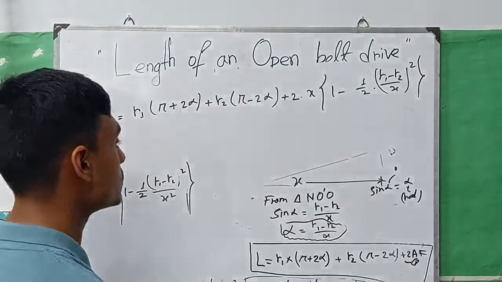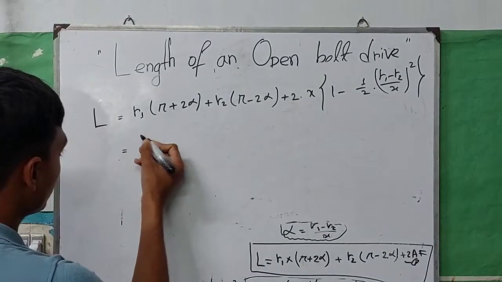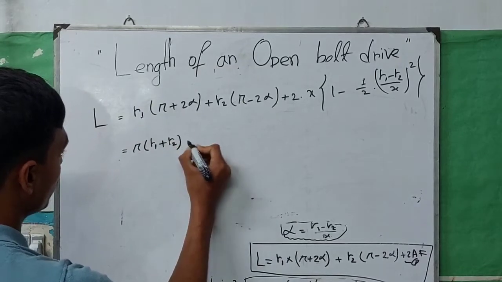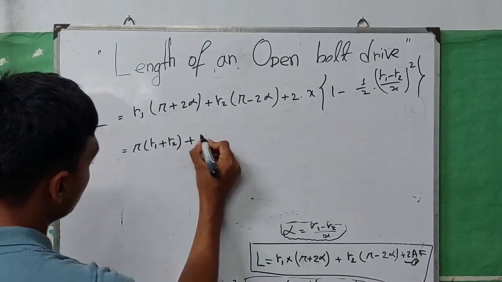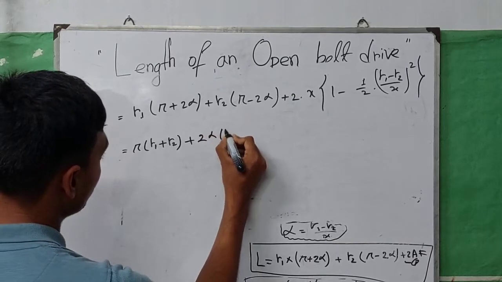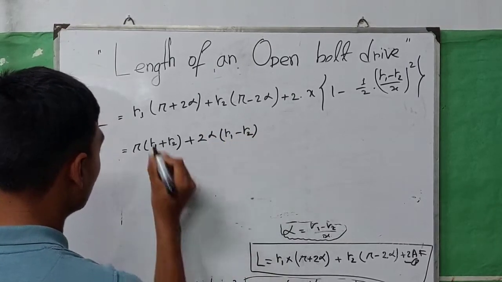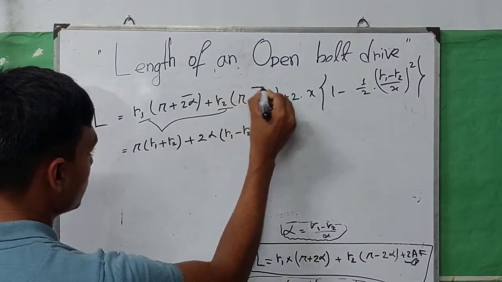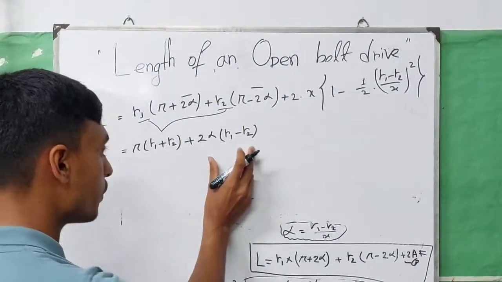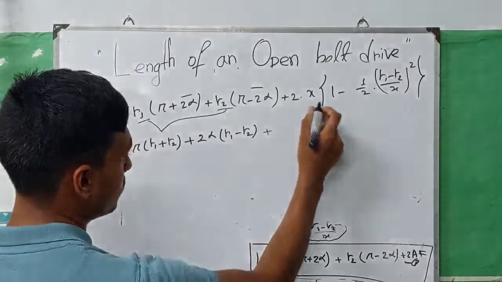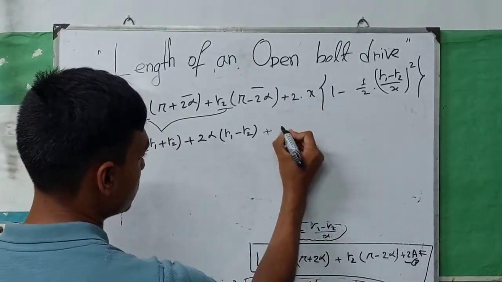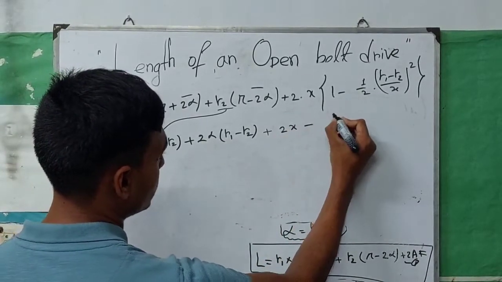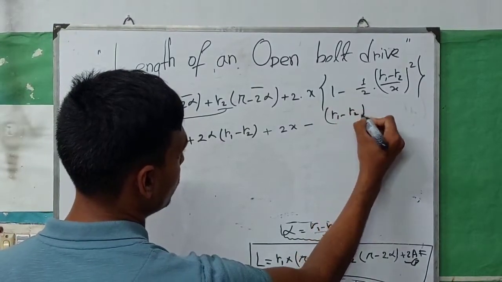Now we simplify that equation. We get pi (R1 plus R2) plus 2 alpha (R1 minus R2). And if we multiply this term by x, we can write 2x minus (R1 minus R2) square by x.